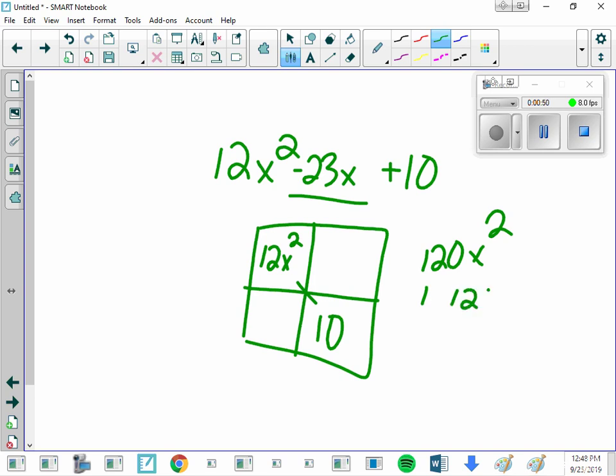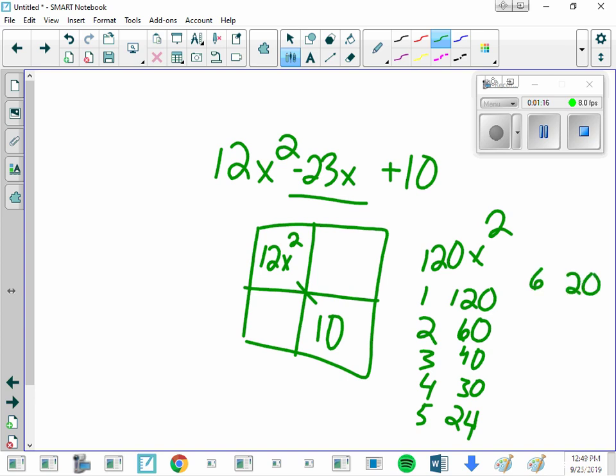1 and 120, 2 and 60, 3 and 40, 4 and 30, 5 and 24, 6 and 20. 7 doesn't work.